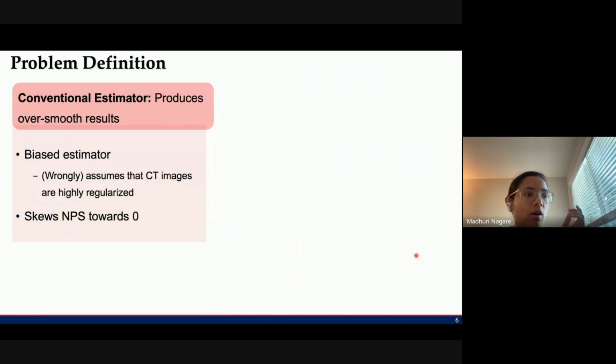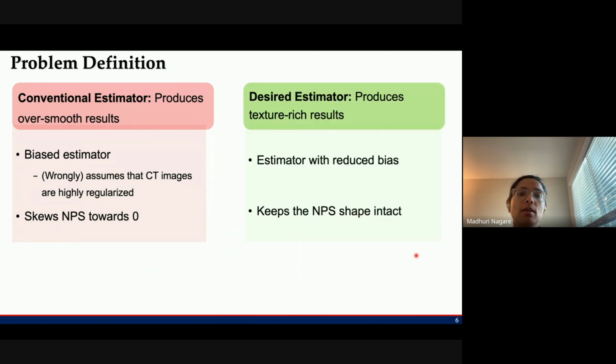So most of the deep neural networks in literature produce over-smooth results, and these are biased estimators, which wrongly assume that CT images are highly regularized and skew the noise power spectrum towards 0. So our goal, or desired estimator, is the estimator with reduced bias which keeps the noise power spectrum shape intact.